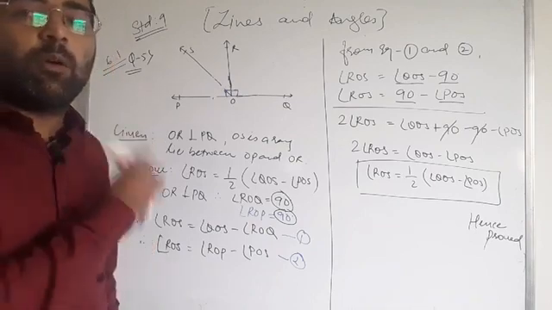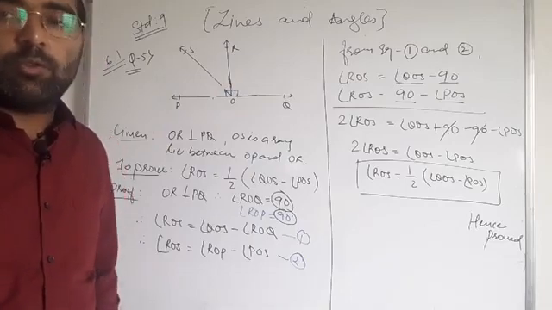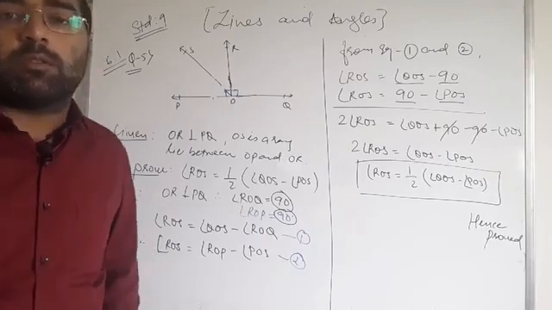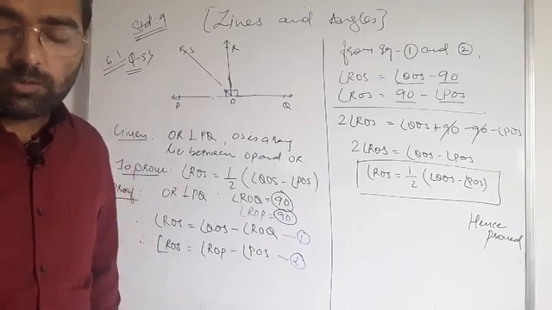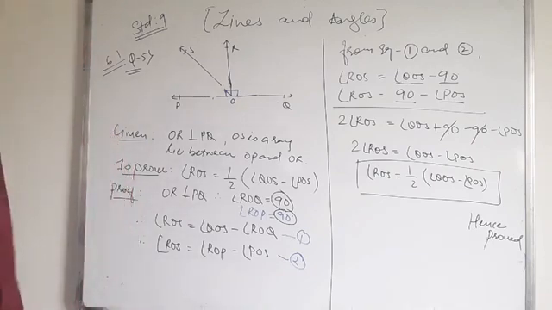This is the main part of the whole proof, so you must know how to make these two equations. Now let's do the last question, question number 6.